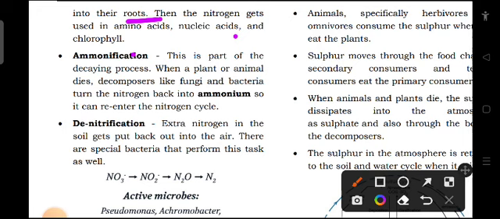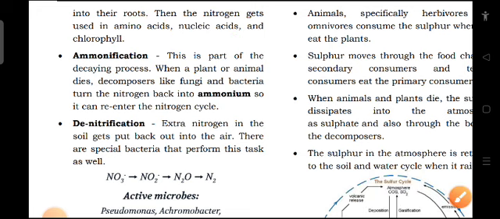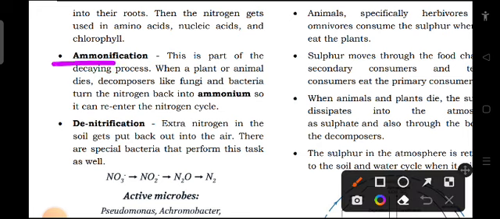Now the next process is ammonification. This is a part of the decaying process. So plants are absorbed and assimilated with the help of various bacteria which we saw now. Now after the plant dies, we further need the ammonification step. Here decaying happens when a plant or animal dies, decomposers like fungi and bacteria turn the nitrogen back into ammonia.